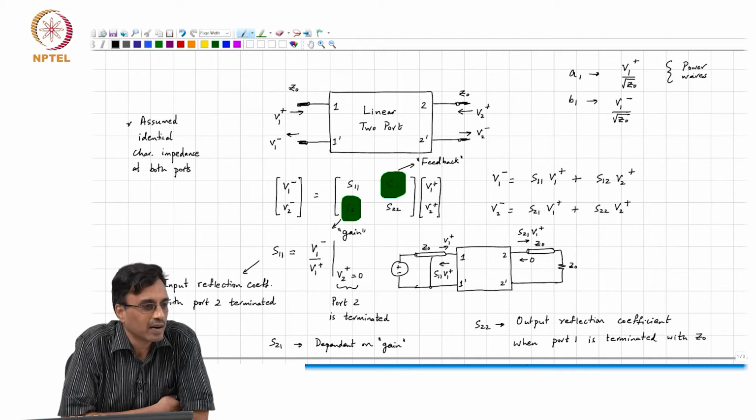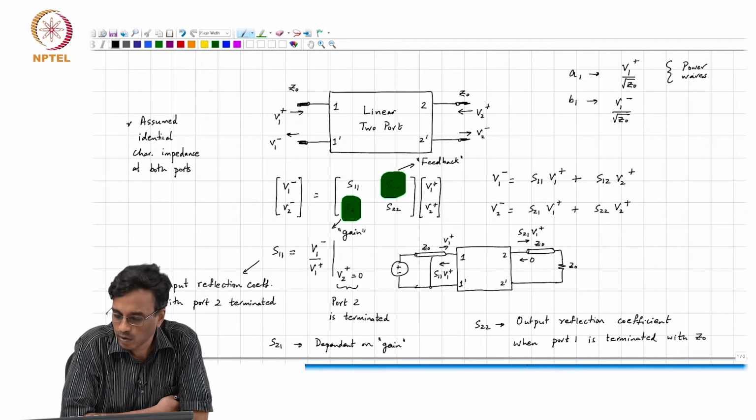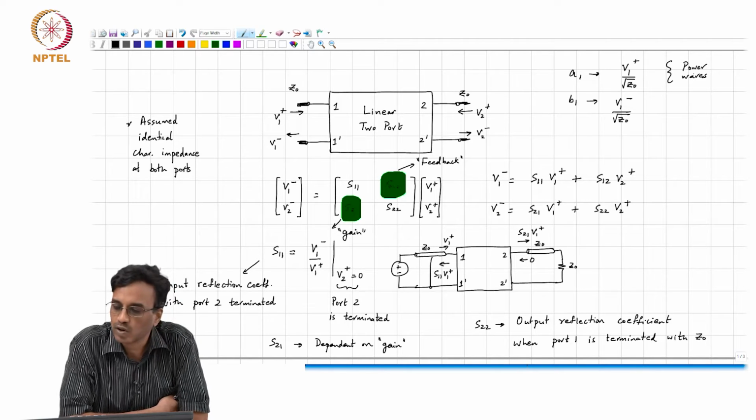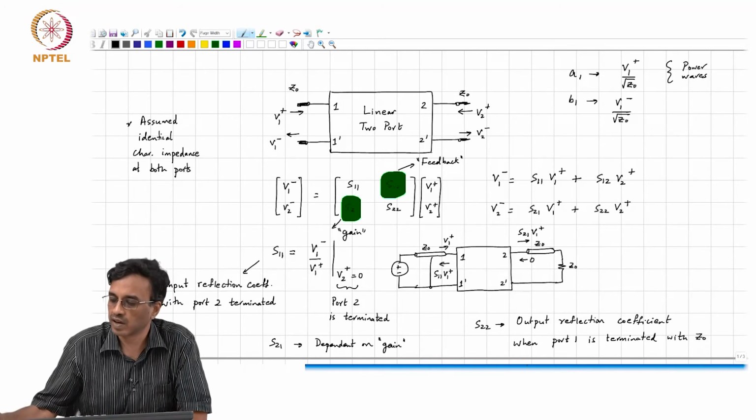If all the impedances are the same, there is no point in carrying that square root Z0 all the way. This is just something to bear in mind, and not get flustered when you see B1, B2 equals S matrix times A1, A2. In most cases it is one and the same.